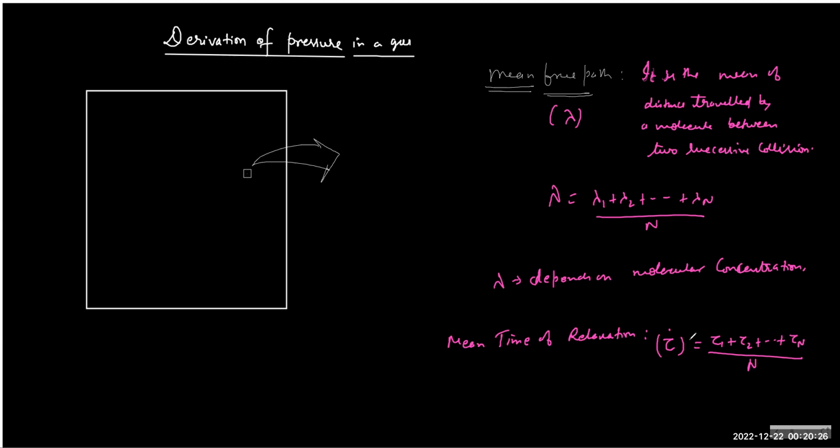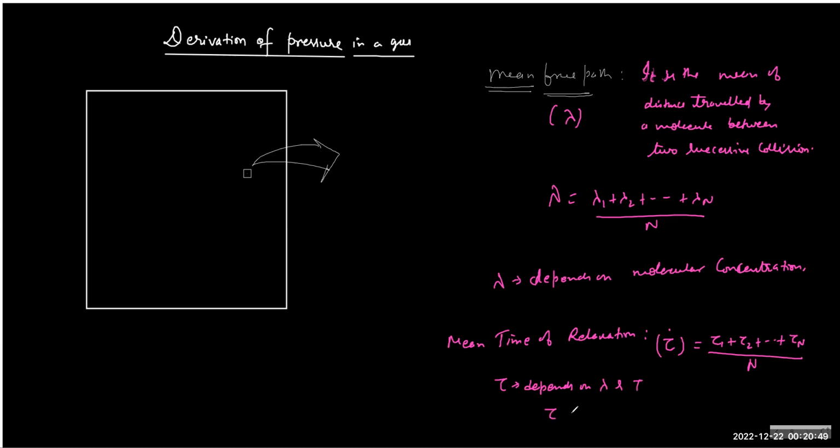So mean time of relaxation depends on temperature, yes or no? Yes, sir. But lambda does not depend on temperature. So tau depends on lambda and temperature both, right?